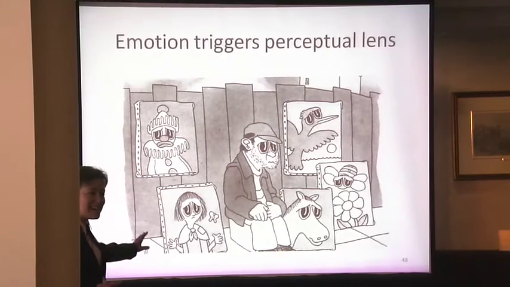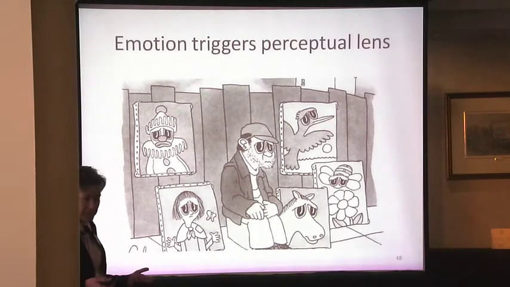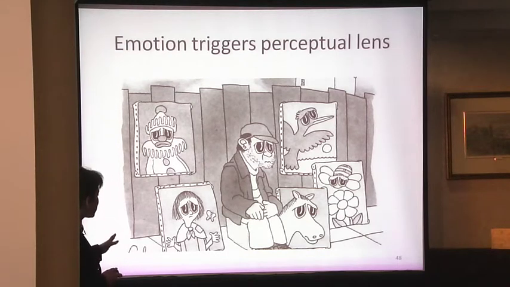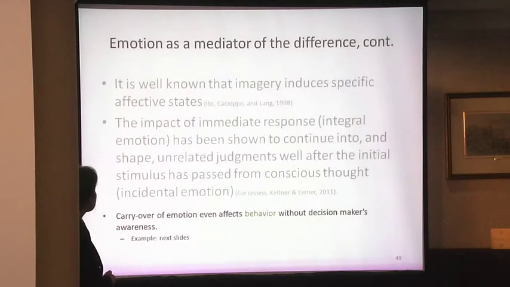But this is an example of the carryover. And what's also interesting about this New Yorker cartoon is that he's not going to be able to sell these paintings, you know? And so it's an example where it would be in your self-interest to not have this kind of carryover. But it seems that this is an area where we humans have very little control.